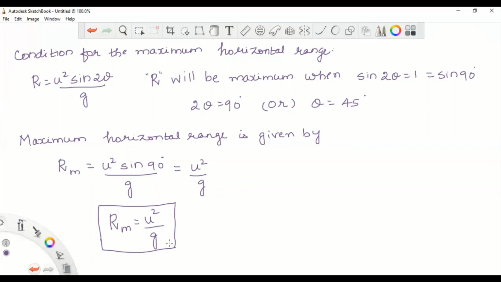This is the condition for the maximum horizontal range.